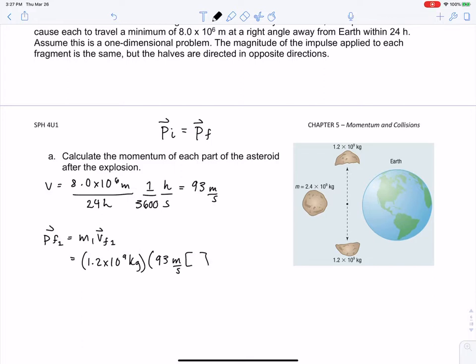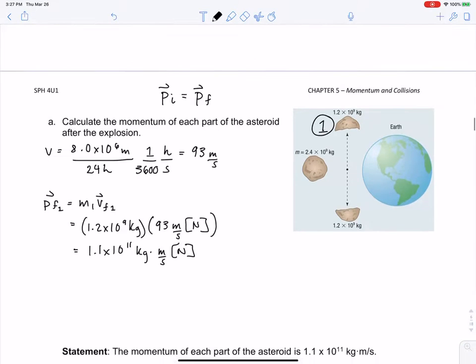And let's include a direction. If this is asteroid half number 1, it will be traveling north. Punching this into our calculator, we end up with a momentum of 1.1 times 10 to the power of 11 kilograms times meters per second north.